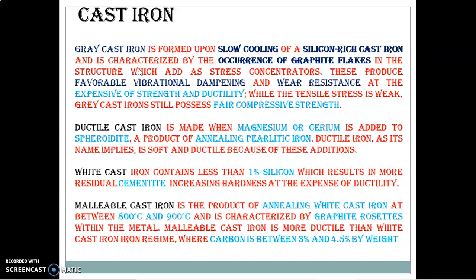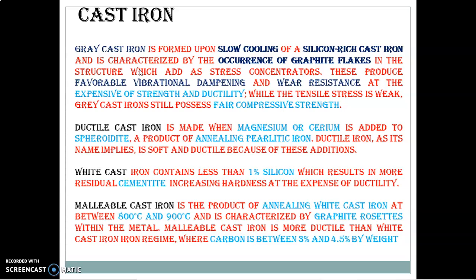The next, malleable cast iron. As we have already seen in case of ductile cast iron, whenever we carry out the annealing process, ductility increases. Similarly, malleability as well as ductility are two properties which are possible due to the annealing process.